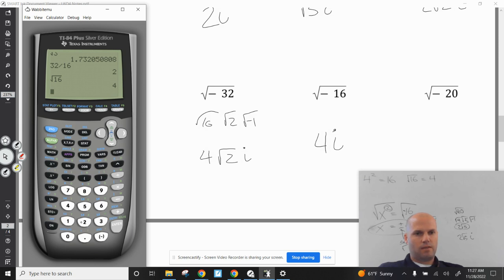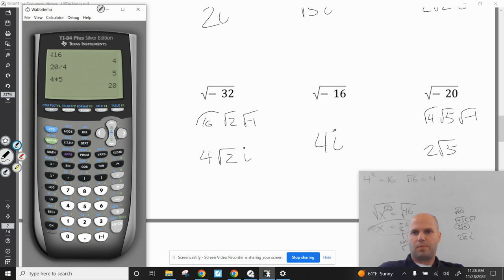20. I think I can fit 4 in 20. That's the biggest perfect square that goes in there. So this is root 4 times root 5, right? 4 times 5 is 20. So root 4 times root 5 is 20. This also has a negative 1 in it. So I have 2. Square root of 4 is 2.